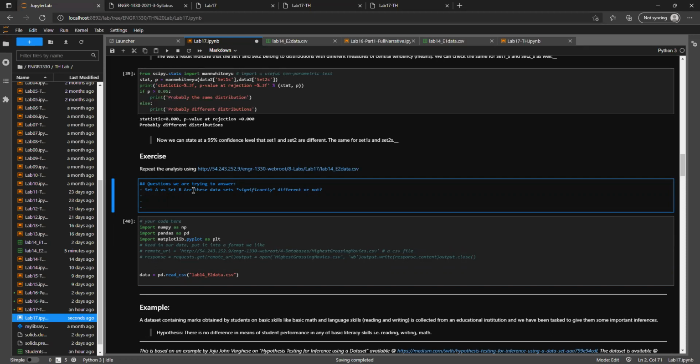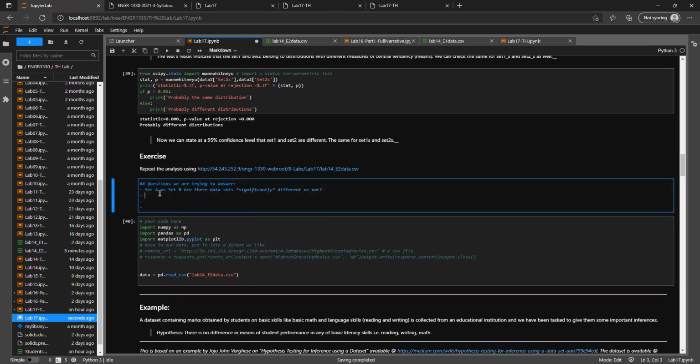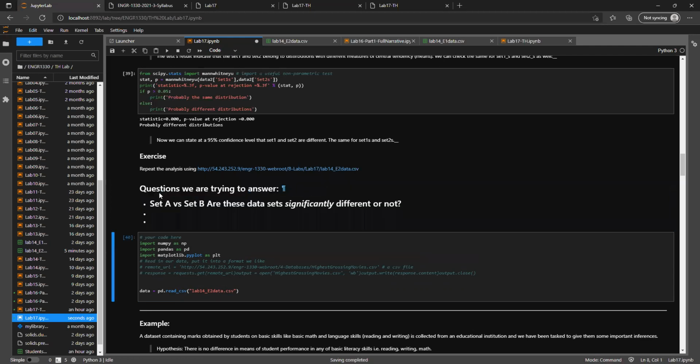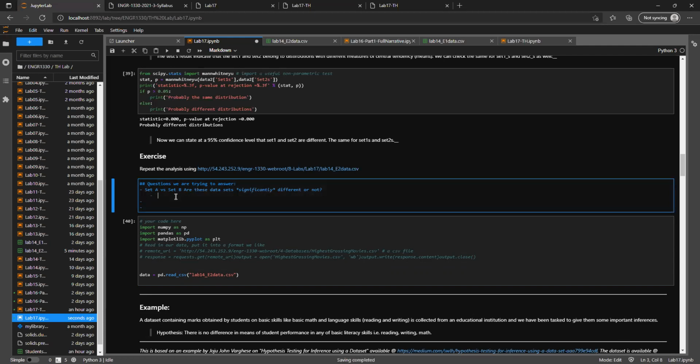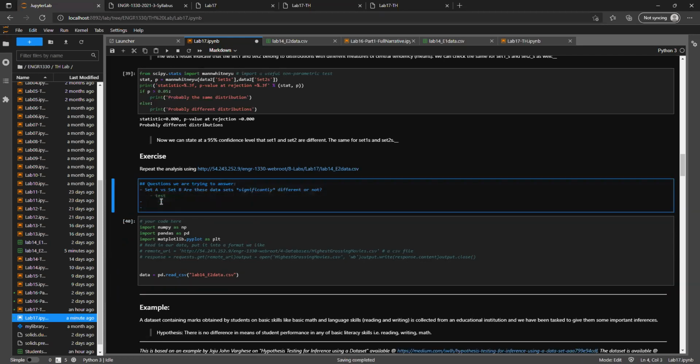At the end of this, that's the null hypothesis we want to test. All right. So that is the overall thing we're trying to figure out. What's the first thing we want to do?